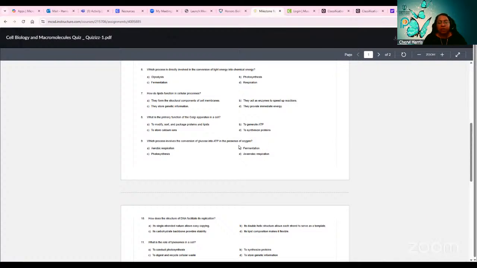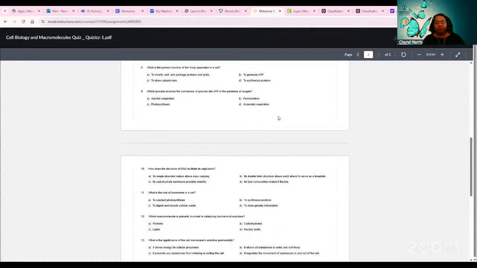That's the key phrase there. If something is in the presence of oxygen, it is aerobic. All of these are chemical processes, but only aerobic respiration involves oxygen. Fermentation is anaerobic. Anaerobic means that this is a process that goes on without oxygen. Lactic acid synthesis is anaerobic.